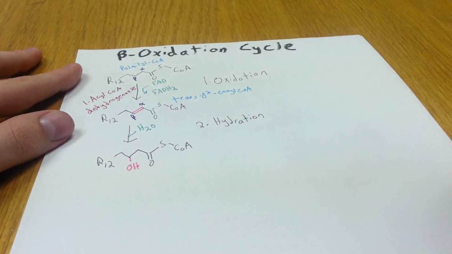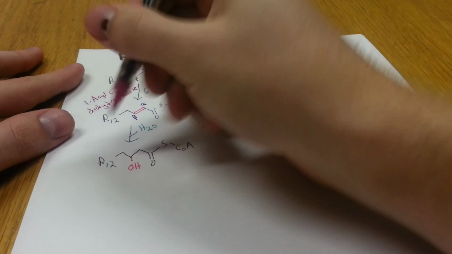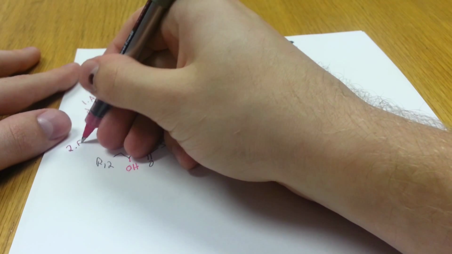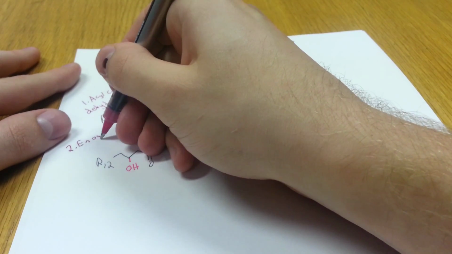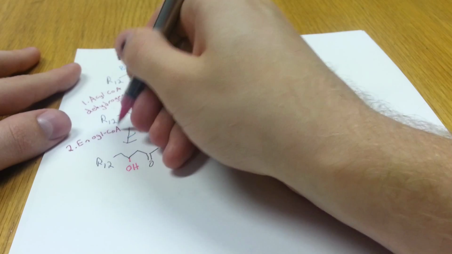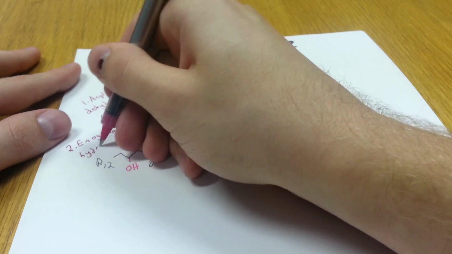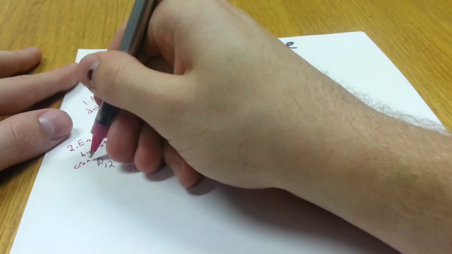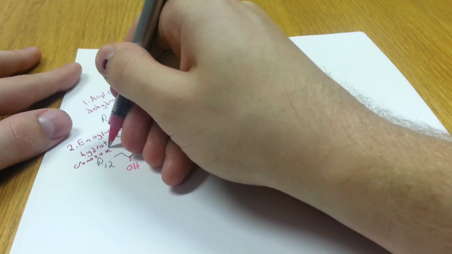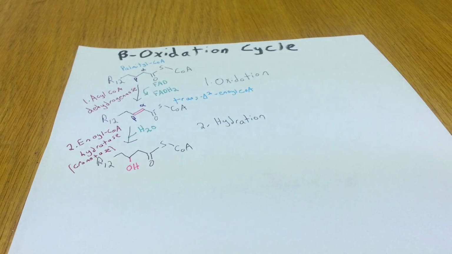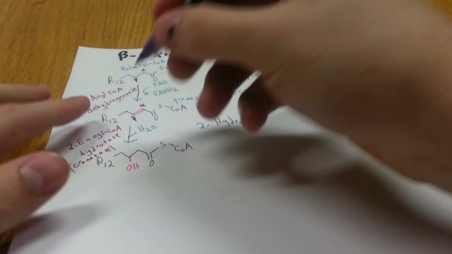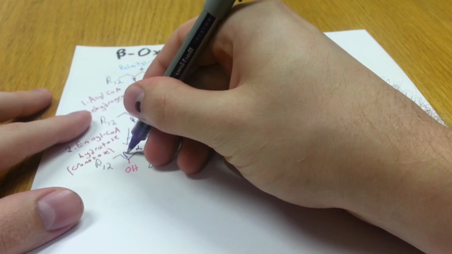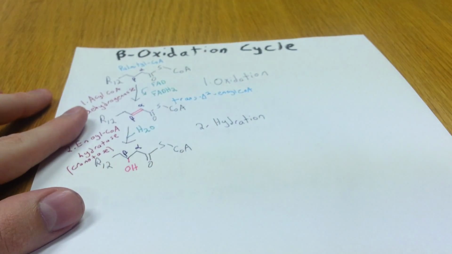and the enzyme involved with it is pretty amazing as well. It's enoyl-CoA hydratase, and it has an alternate name as well, just crotonase. And I will label our alpha and beta carbon here because it's important to keep track of those as we go along.